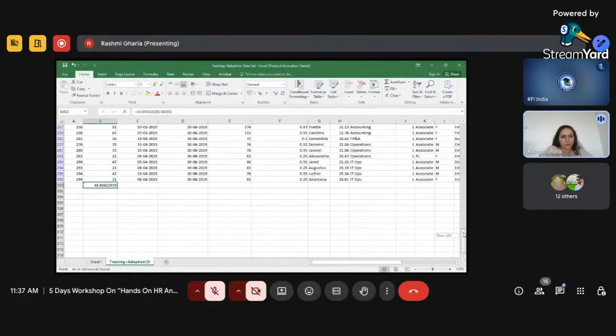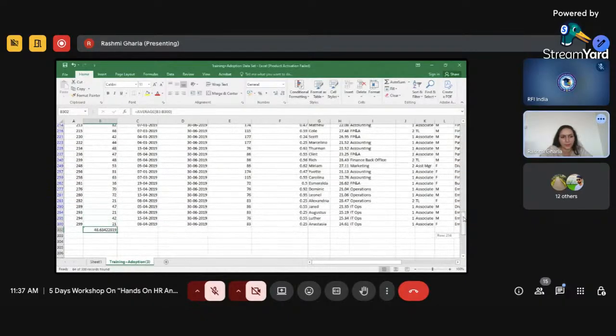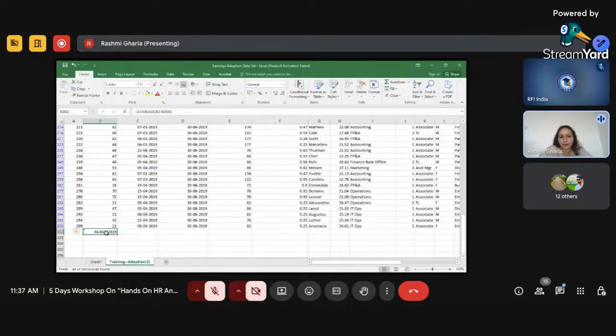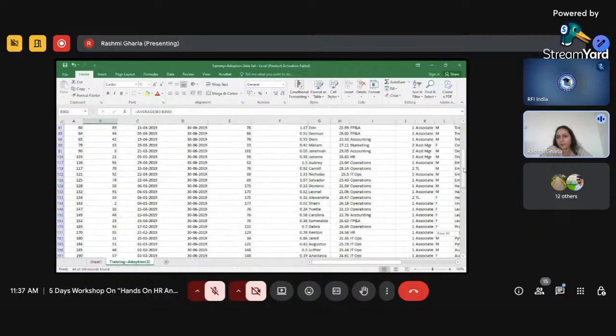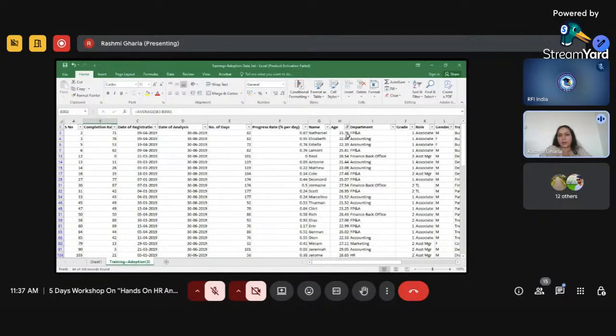Yeah, it has taken it. 8% is the average completion rate of this particular age group.